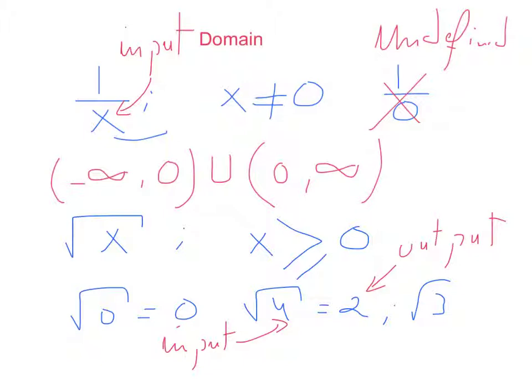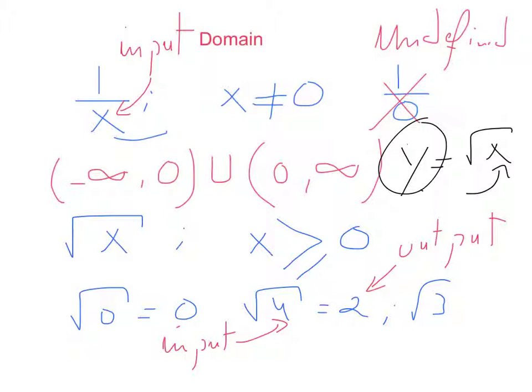Sometimes we call it y, for example y equals square root of x. We enter x as input and we get y. If we cannot get y, something is wrong with x, which means x is excluded from the domain. So we want to make sure we have all the values for which y exists. This is the point.